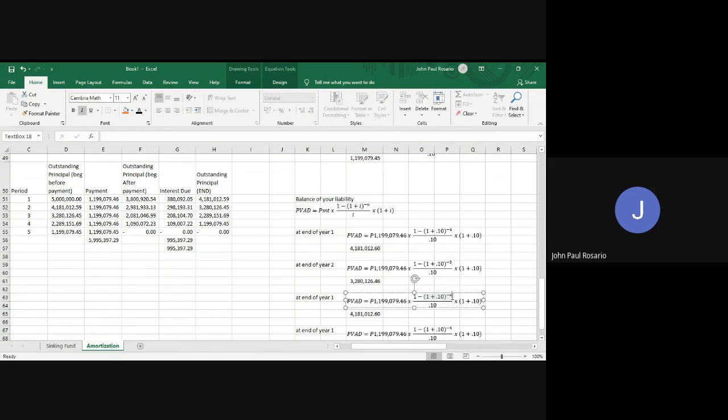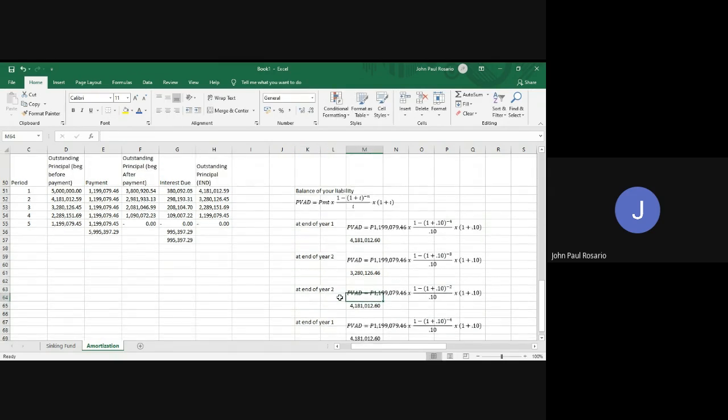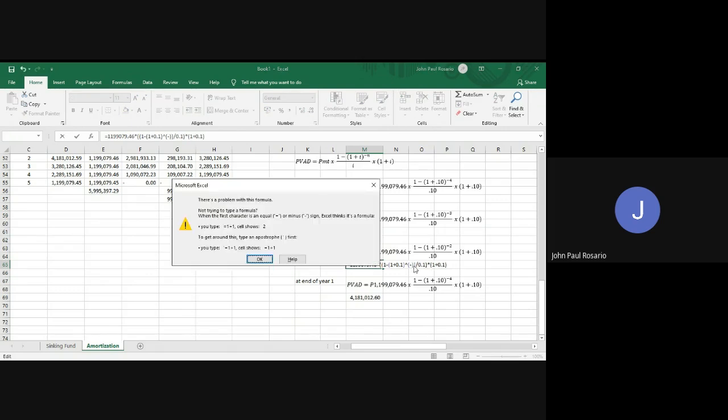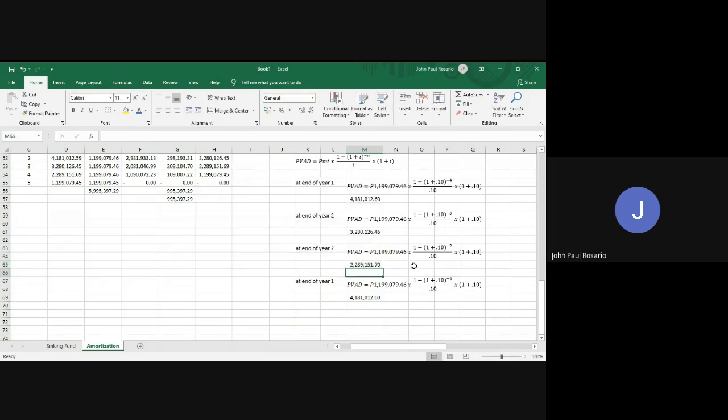So, at the end of year 3, so 2 periods na lang ang nabilin. Same with here, 2 periods. Okay. 2289151.